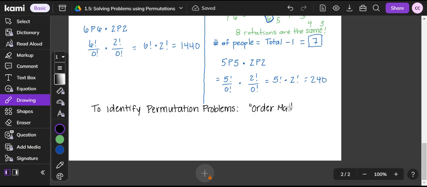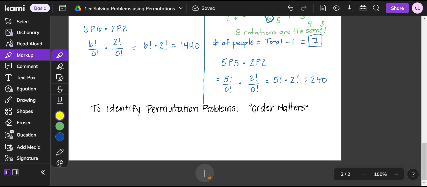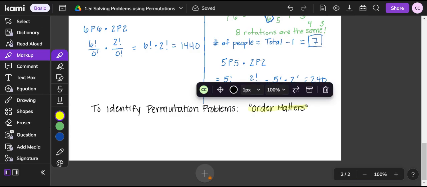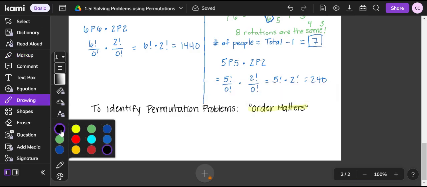This is your key for determining whether or not you are dealing with a permutation problem. A lot of times it's just a matter of logically thinking through, does the order of this situation matter or not? And if it does, it's a permutation. So let's go back through the list and talk about what key phrases we can identify.